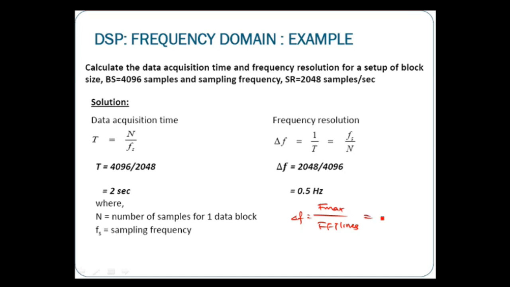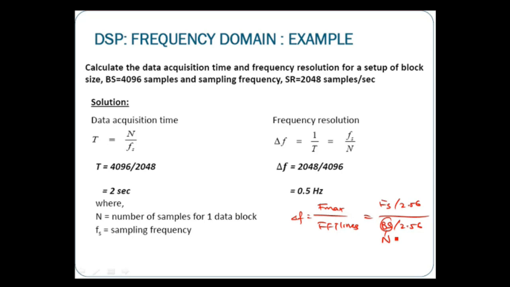But remember that this F max is associated with Fs over 2.56. The FFT lines are also associated with your block size, or number of samples N, divided by 2.56. So it's the same thing, just looking at different aspects of F max.